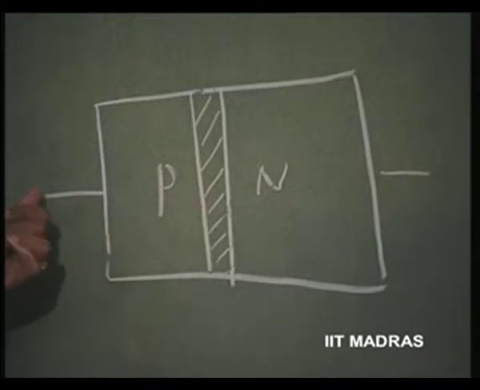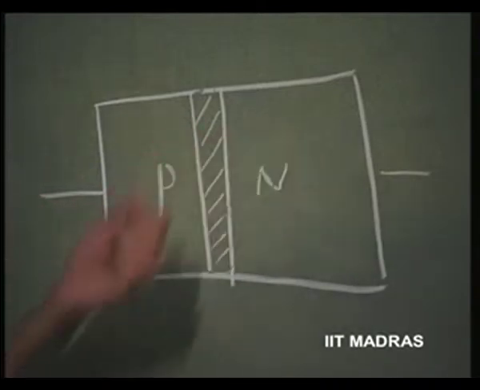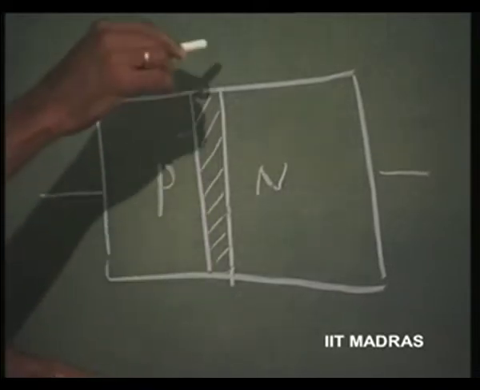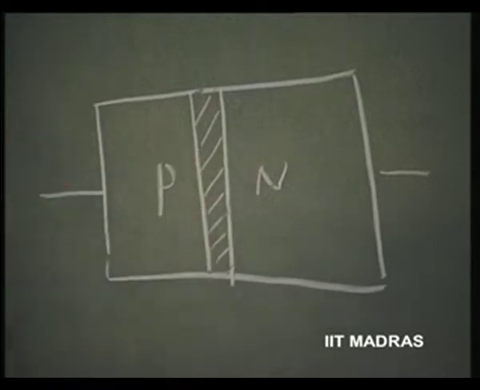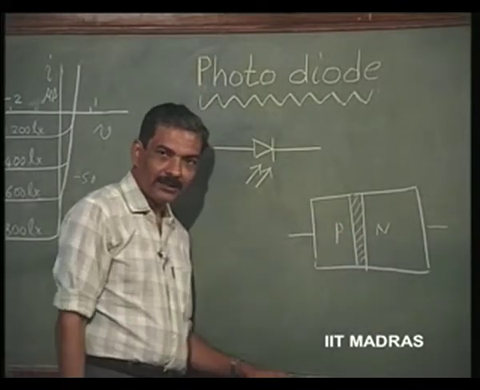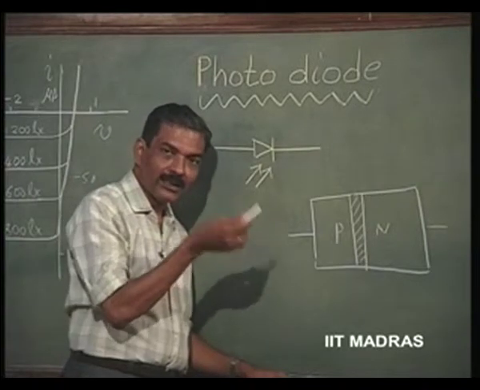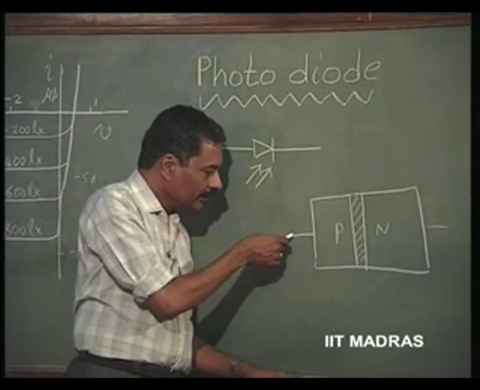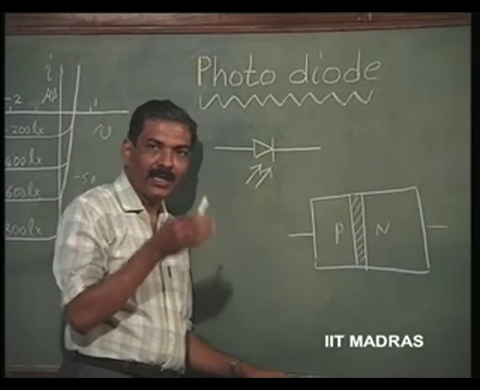This minority carrier flow obviously will increase if this hill for the majority carrier increases, but there is only a maximum limit, because these are all saturation values corresponding to the saturation current it will reach. Ultimately the current when it is reverse biased will flow only because of this current due to minority carriers. This is called the reverse saturation current or leakage current, and that gets saturated at a value Is for the diode.